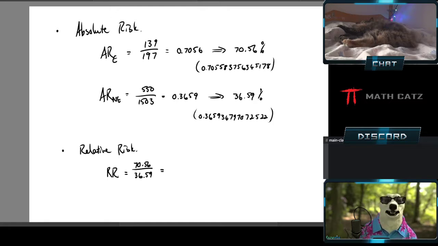In my calculation, I'll use the decimal version as long as I do the same thing for both. Divide by 0.5979.